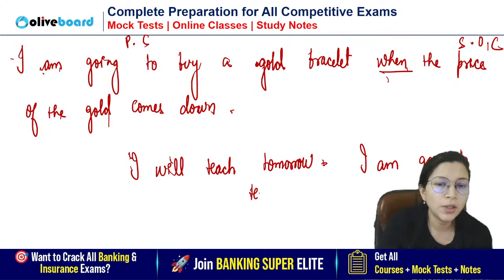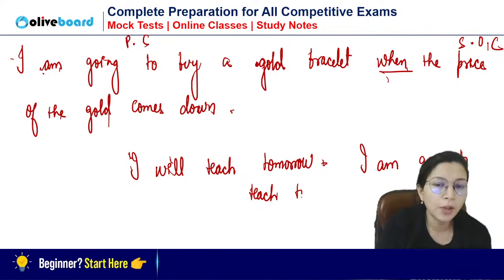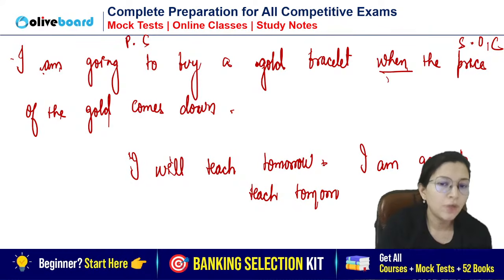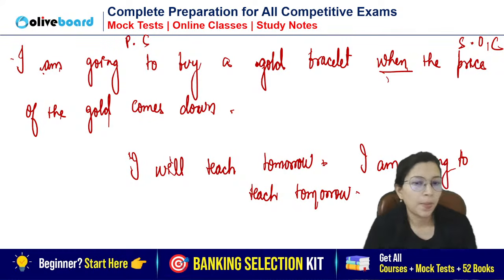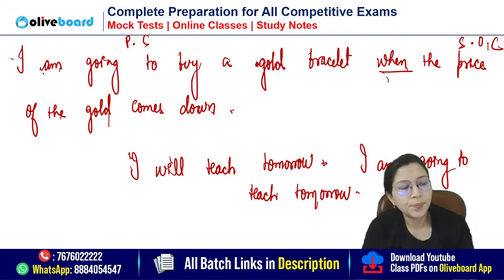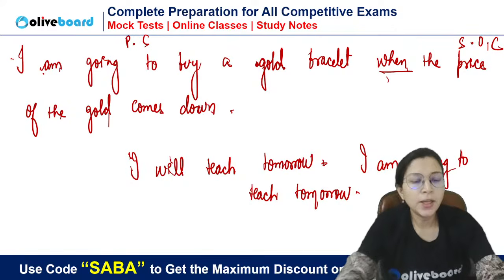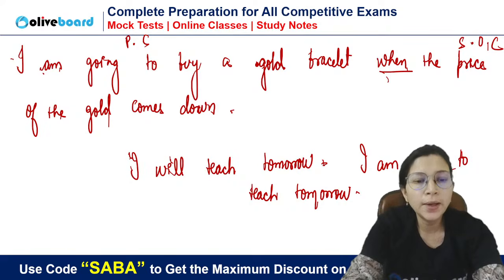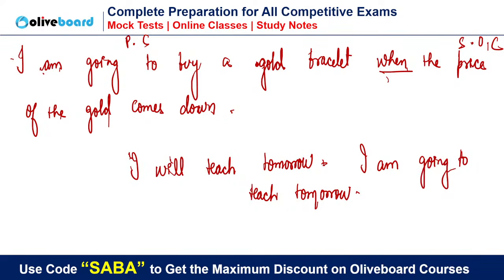See, you people have not studied tenses. If you have studied this, you have not studied it very well. You have studied only at the surface level. I will teach tomorrow, I am going to teach tomorrow. Which one is correct? That is what I told you initially, that you might have studied this topic, but still it is going to be new for you. Both are same.